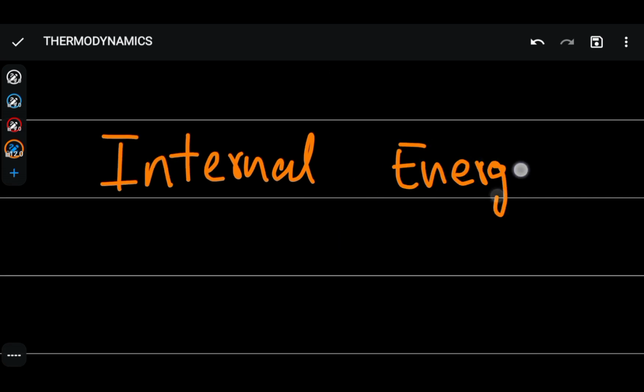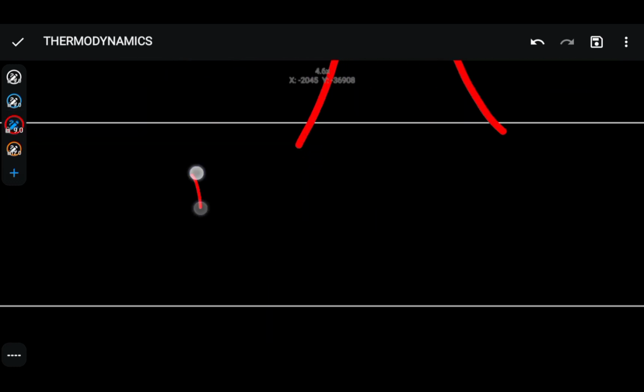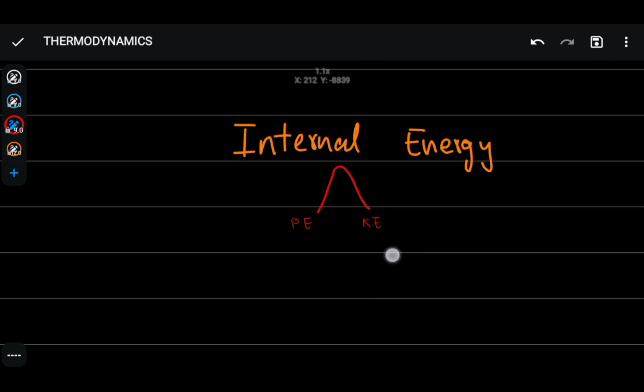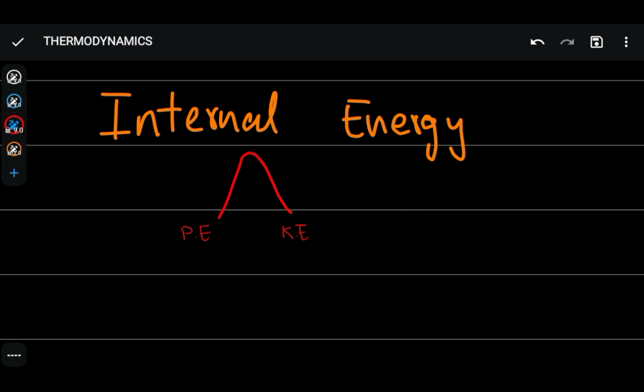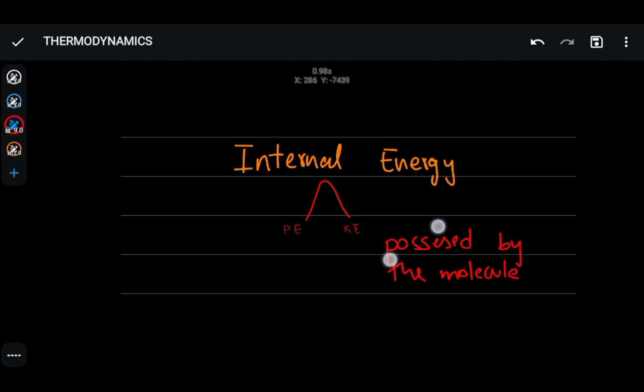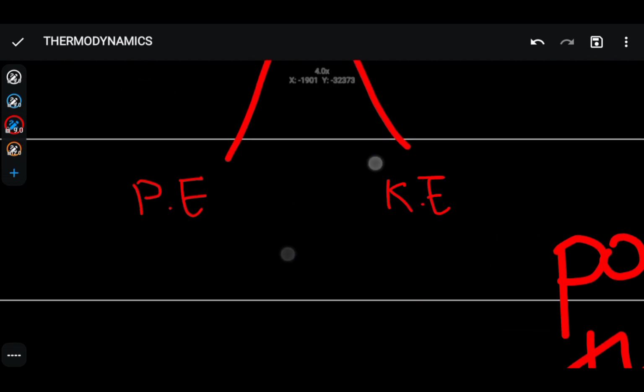In simple words, it is the sum of potential energy and kinetic energy, which is basically possessed by the molecules. Okay, I think it's clear.